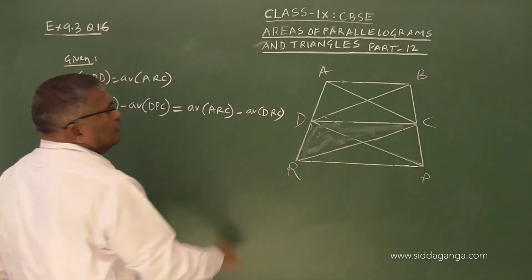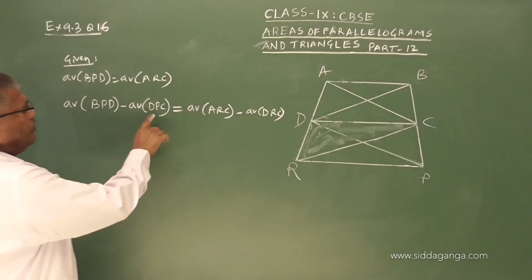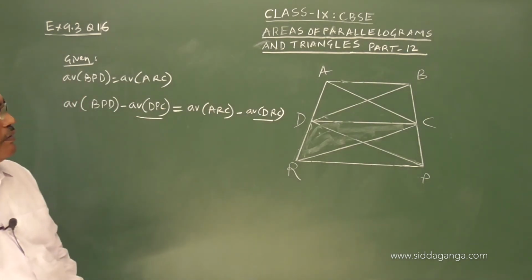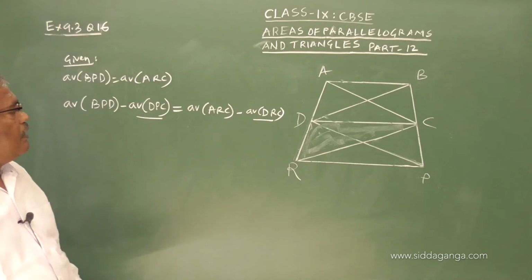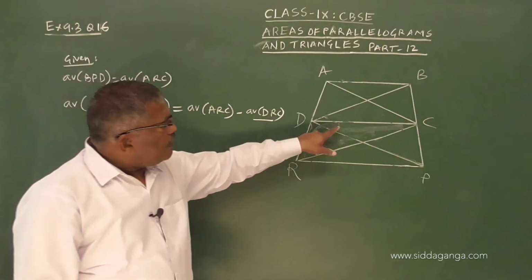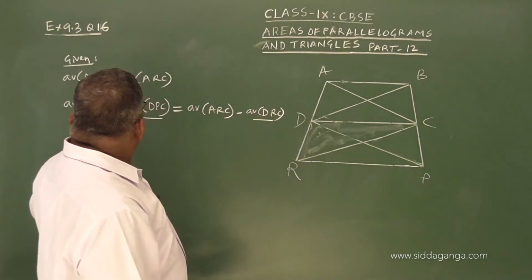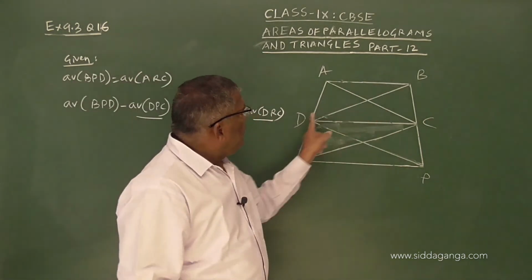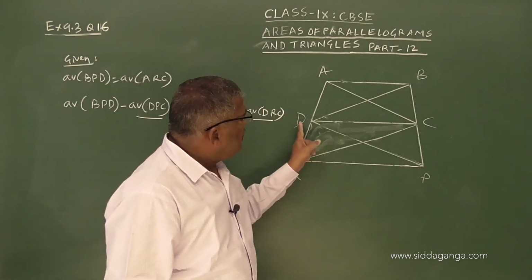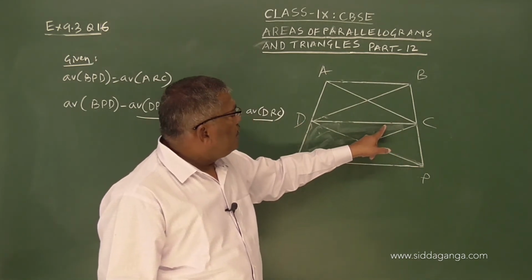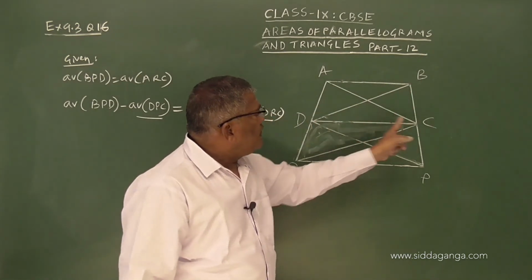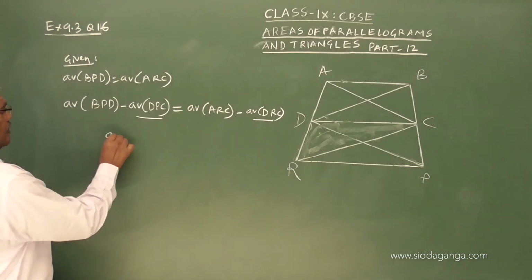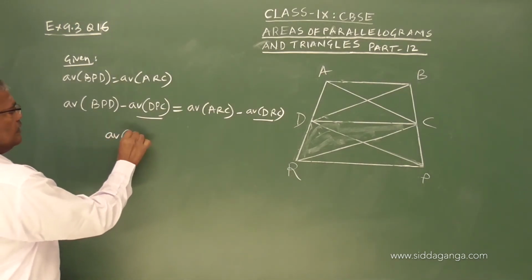We know that these two are equal. So, when we subtract, BDP minus DPC, we are left with BDC. So, on the left side we are left with area BDC.